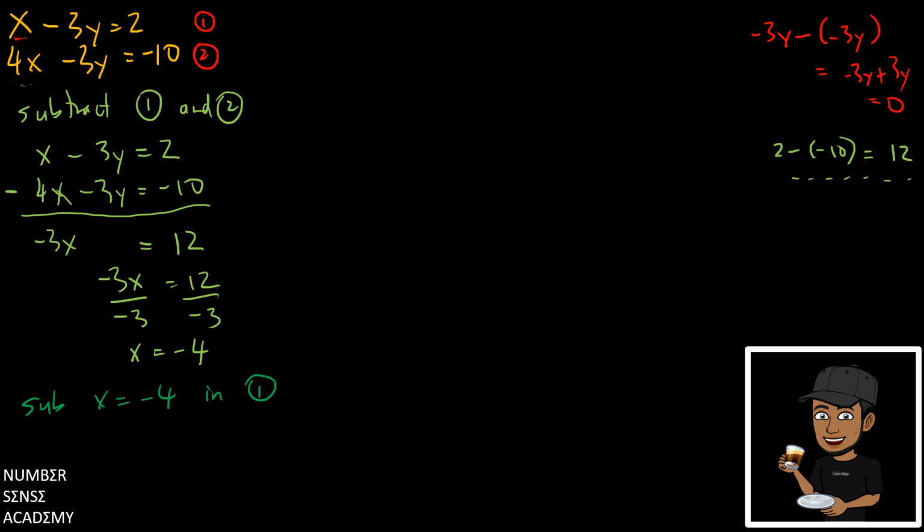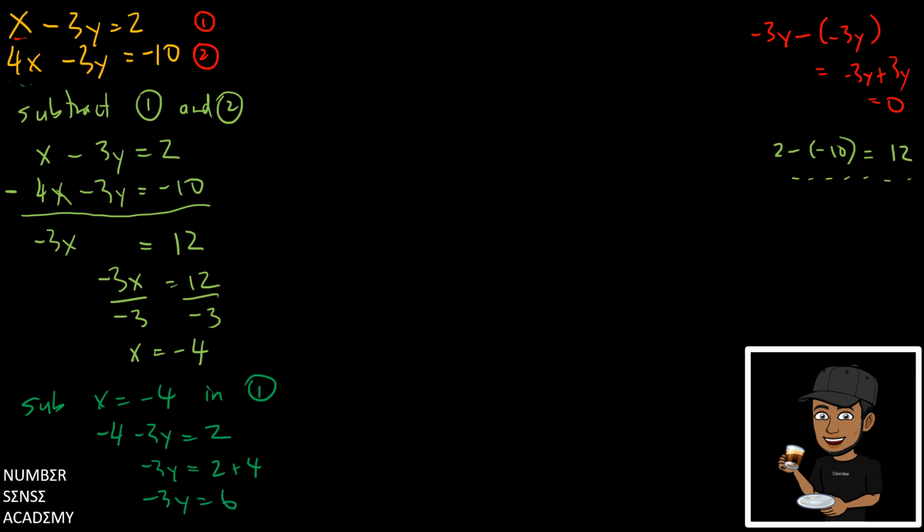And so what I end up with is negative 4 minus 3y equals 2. So I have negative 3y equals, this is going to be, the negative 4 goes to the other side, becomes positive 4. I know I say keep track of what you're doing, but that's simple mental math. So let's go, actually, you know what? Let's not be a hypocrite. 2 plus 4, negative 3y equals 6.